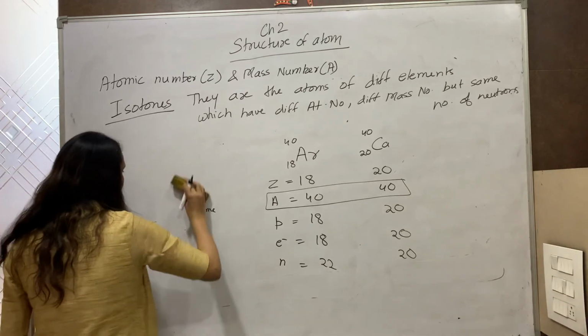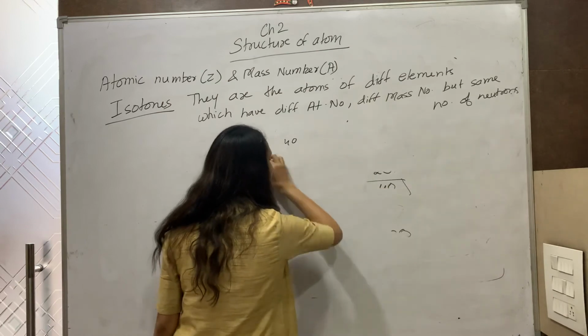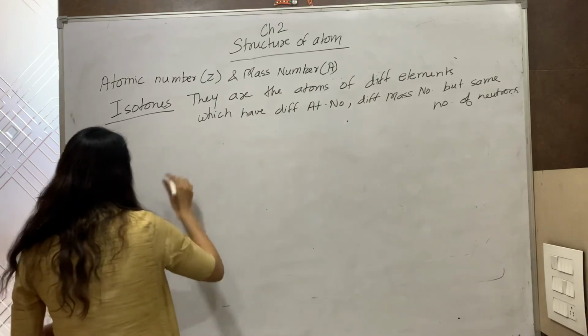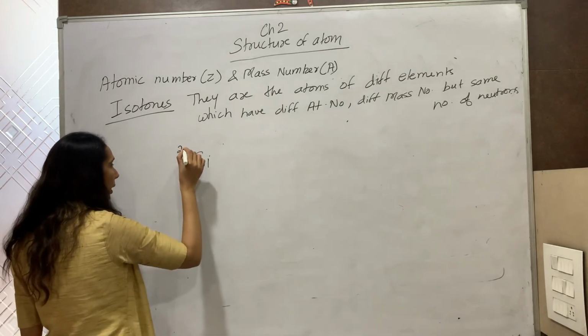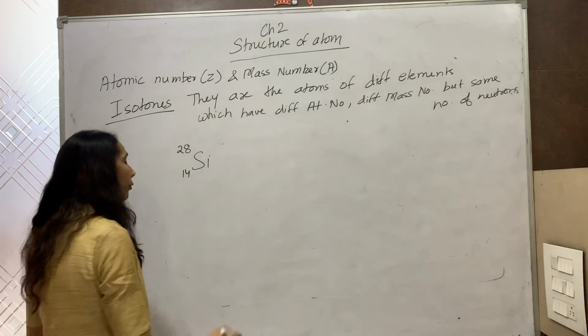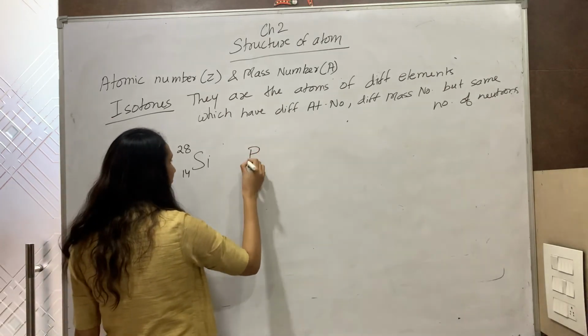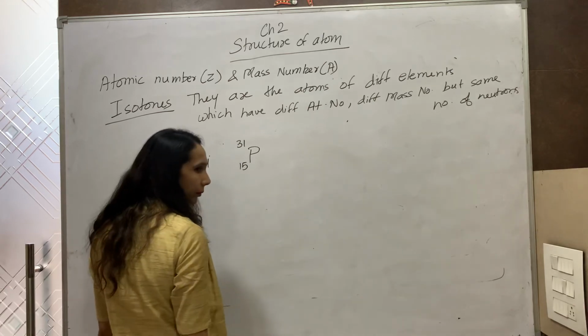Let us consider an example. Silicon has got 14 as the atomic number and mass number is 30. Phosphorus, it is 15 and 31.